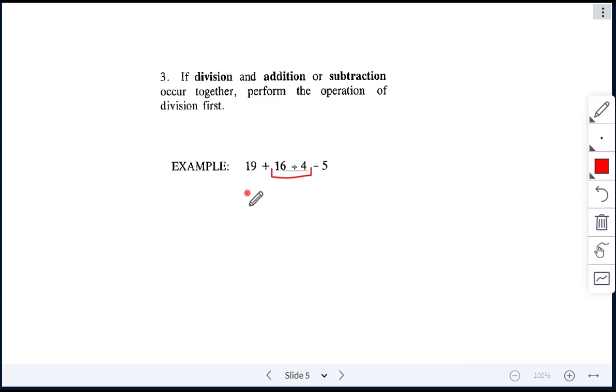So rewriting this, now I'm going to get 19. 16 divided by 4 is 4. So plus 4 minus 5. Now left to right because we have addition and subtraction. So 19 plus 4, which gives me 23. And then minus 5. That gives me my answer of 18.